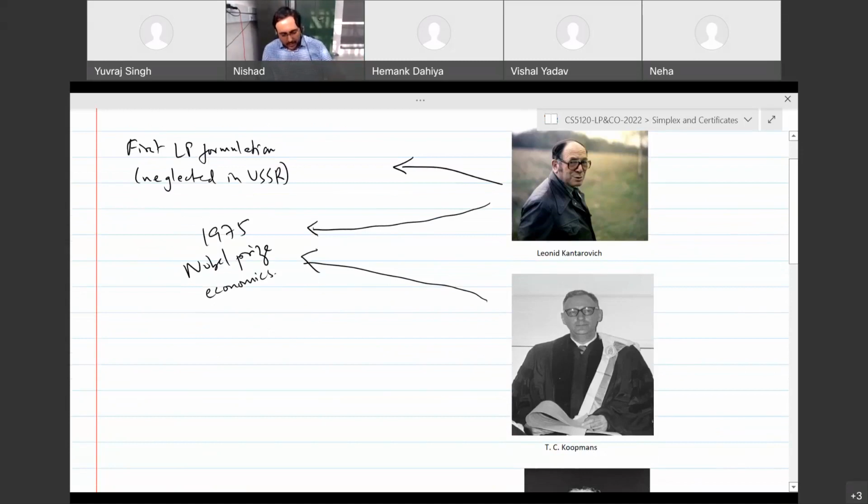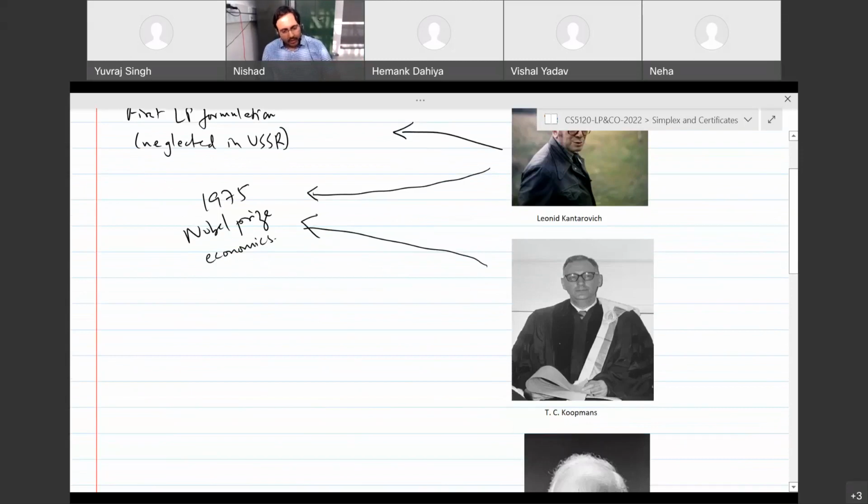And apparently in 1941, F.L. Hitchcock, I couldn't find a good image of him, so I just did not put one. If you search for Hitchcock, you basically get Alfred Hitchcock's images, and you hardly get any images of this person.